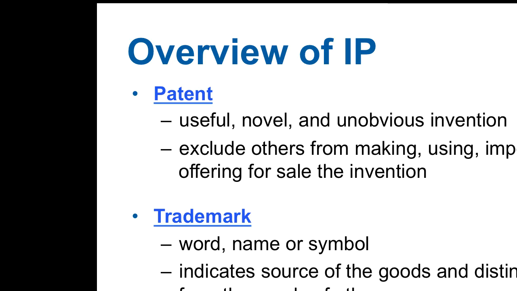Trademark is a use-based right. You've got to use it or you're going to lose it. Patents are not. You can own a patent, but never do anything with it. But you still own that patent for the time that it is in existence. With trademarks, every couple of years, you have to keep telling the Patent and Trademark Office, yes, I'm still using this. Give them evidence that you're still using it. So it's a use-based right.